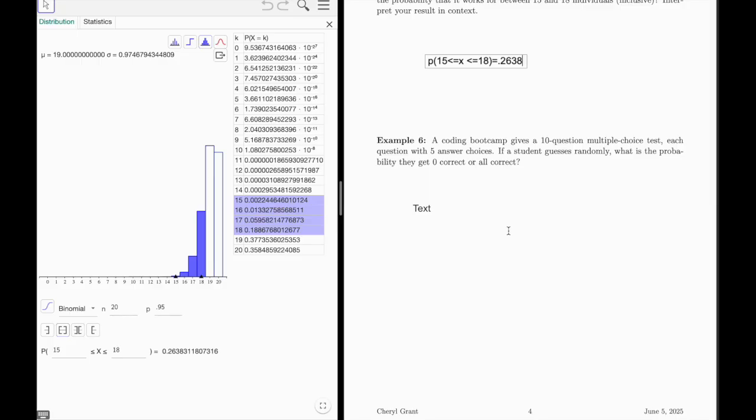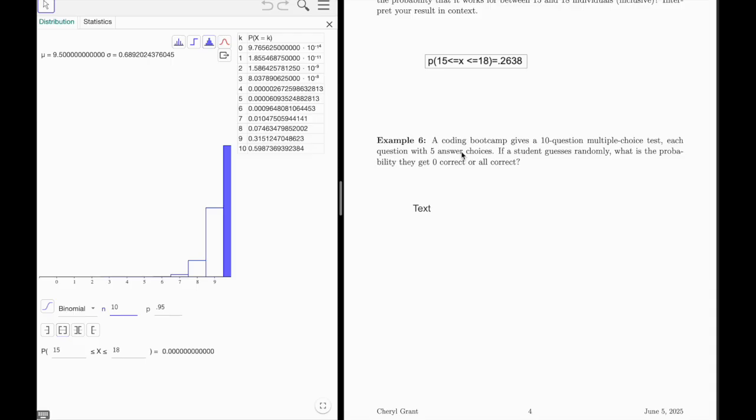Okay, last one. A coding bootcamp gives a 10-question multiple choice test. Each question is with 5 answer choices. If a student guesses randomly, what is the probability that they get 0 correct or all correct? So the number of trials we have is 10, so I'm going to put that in here.